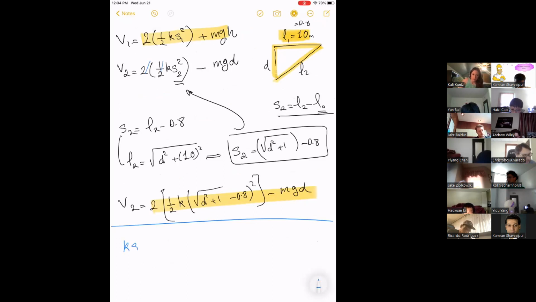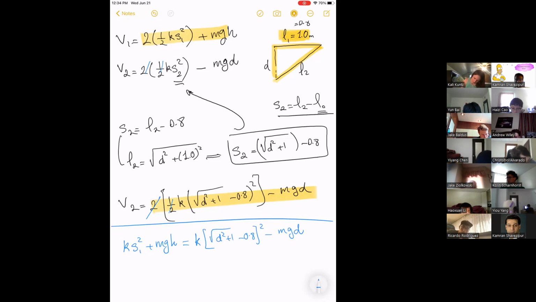K S1 squared plus mgh equals, these two cancel out each other, to K, just like that.